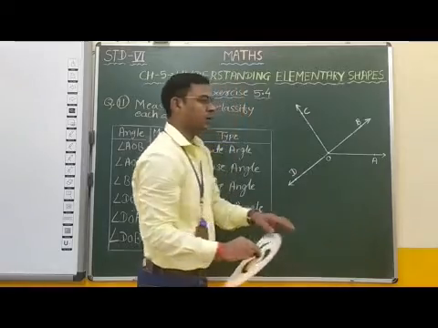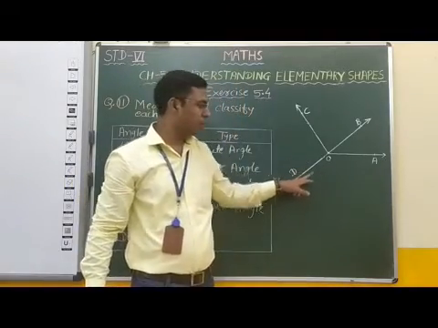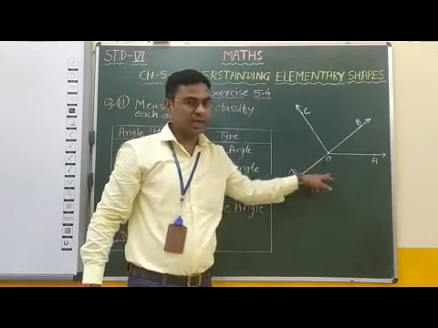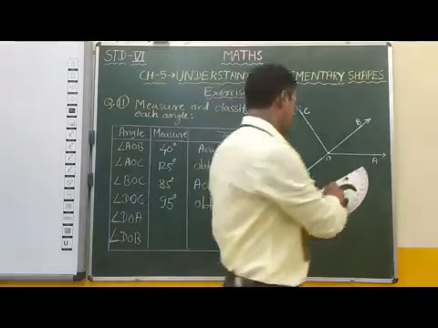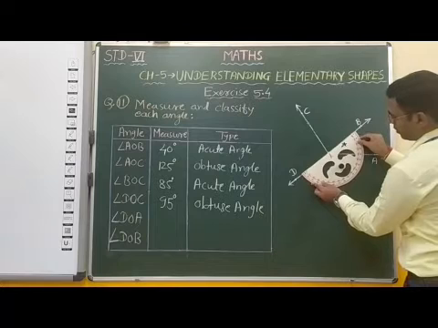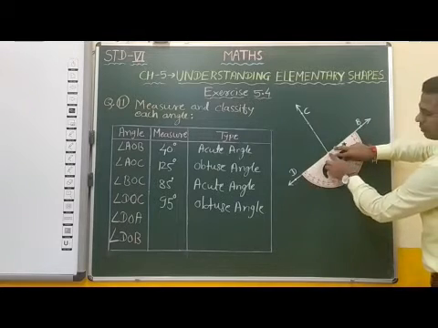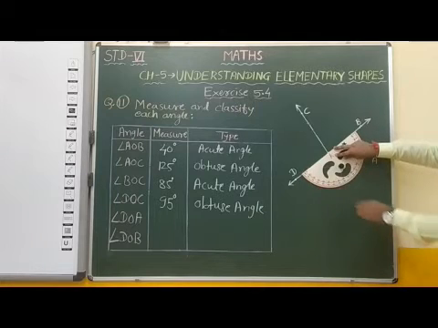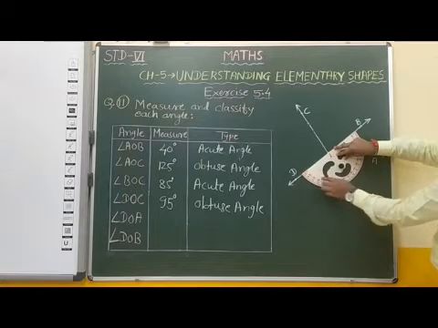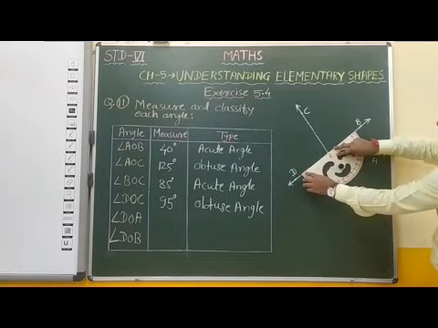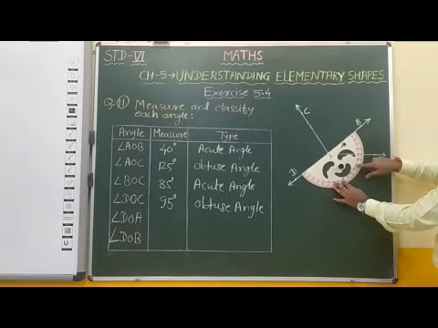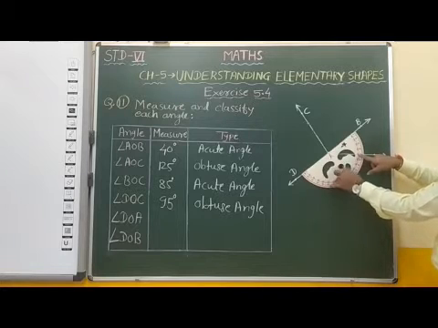If you want, you can also measure this angle by using this other ray. Look, if you put this midpoint here and this straight line matches with ray DO, now ray DO is on this side, therefore count from this side 0, or inner scale 0. 10, 20, 30, 40, 50, 60, 70, 80, 90, 100, 110, 120, 130 and 140.